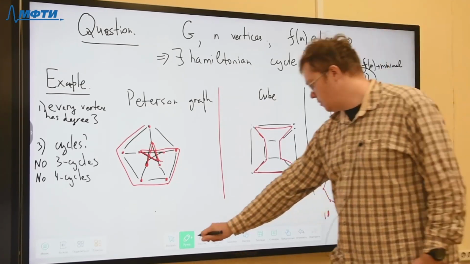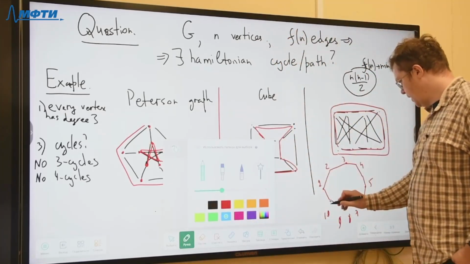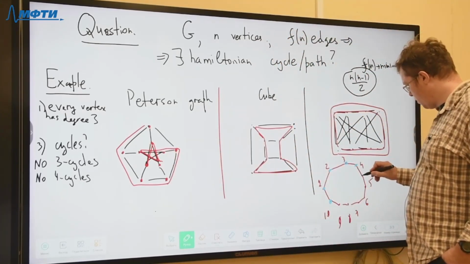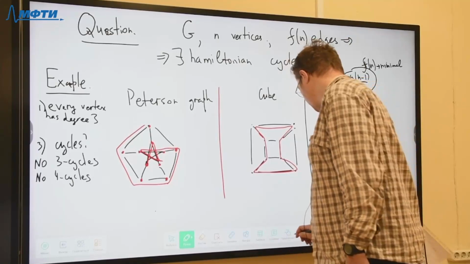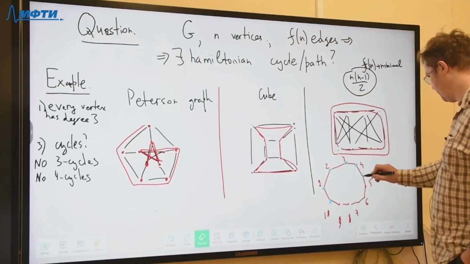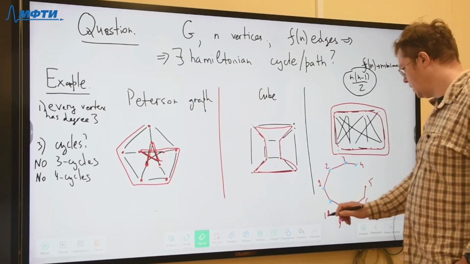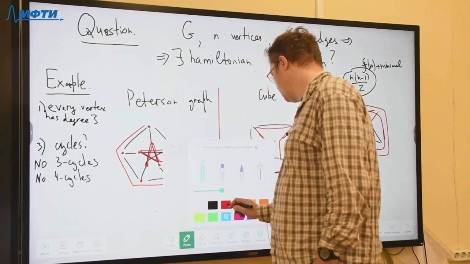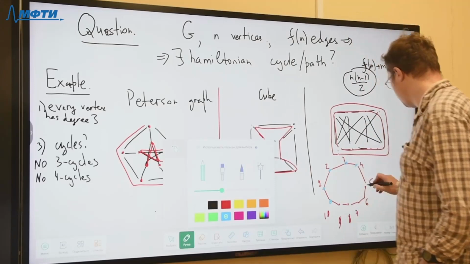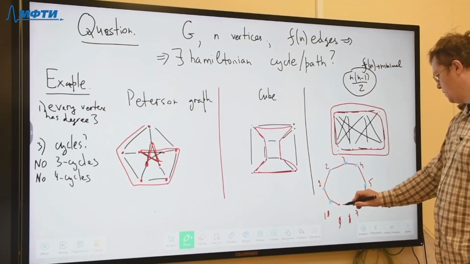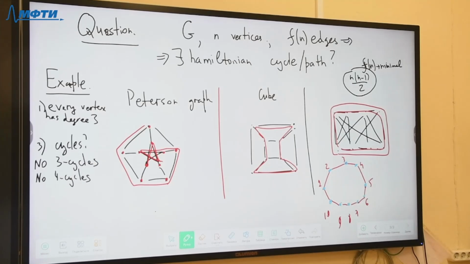Oh, sorry, I have one more vertex here. So we draw this Hamiltonian cycle, and then we need to draw additional 5 edges such that, first of all, every vertex will have degree 1, and second, there will be no 3-cycles or 4-cycles.